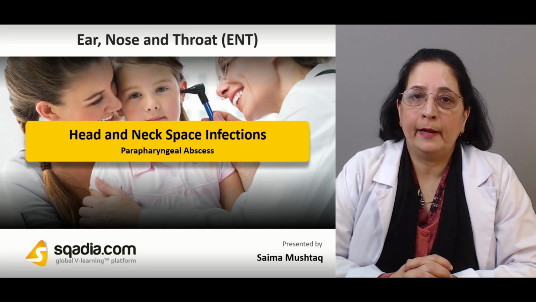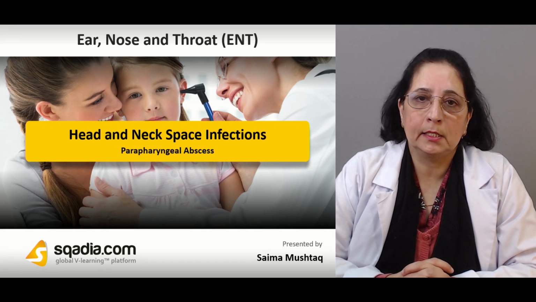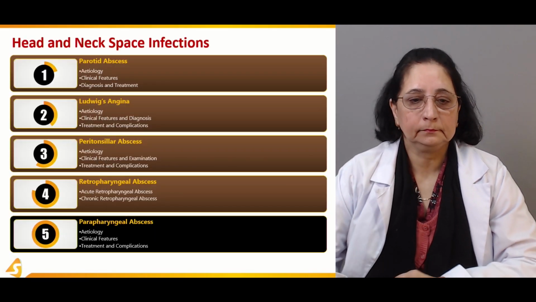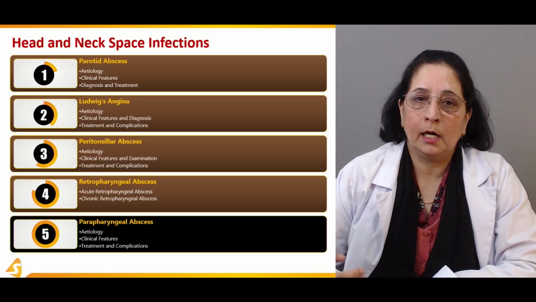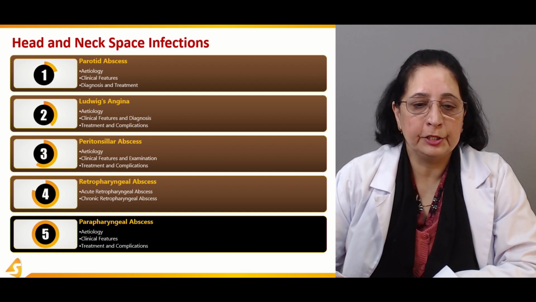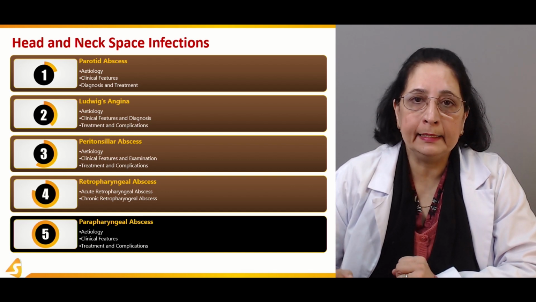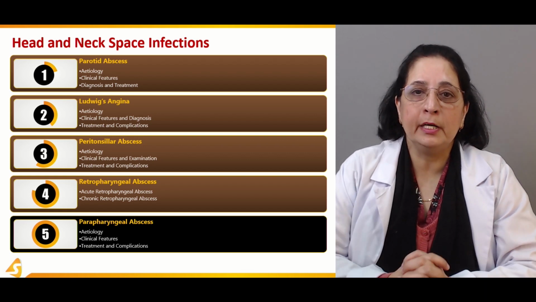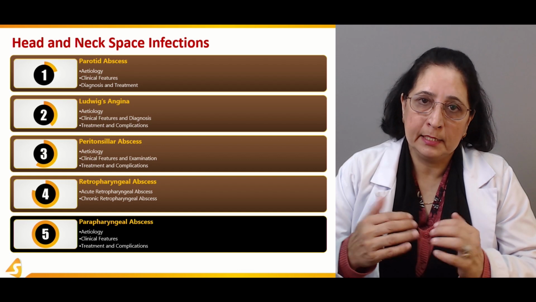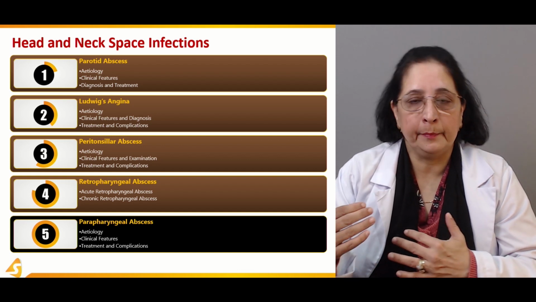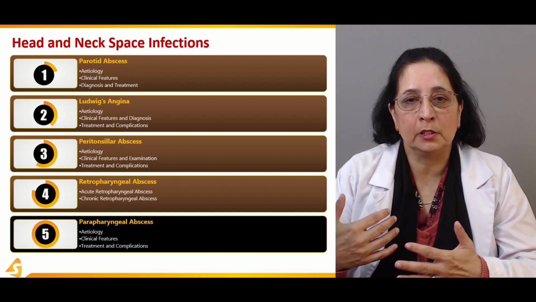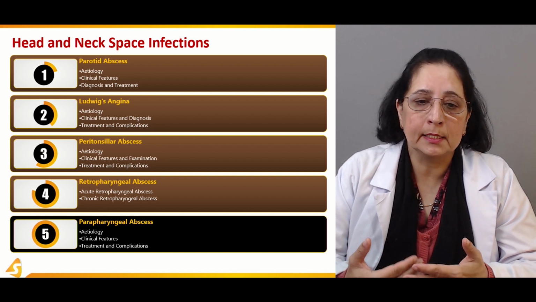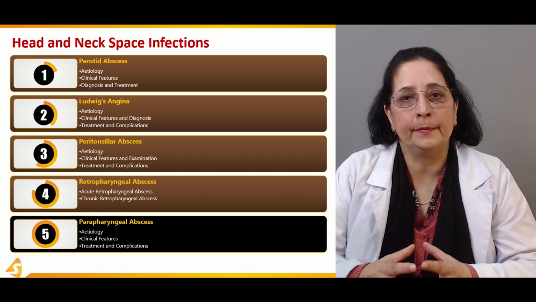In the fifth and final section, now we will discuss the parapharyngeal abscess. What are the causes of parapharyngeal abscess, what are the clinical features, and the treatment and complications, same as we discussed for the parotid abscess, Ludwig's angina, peritonsillar abscess, and the retropharyngeal abscess.